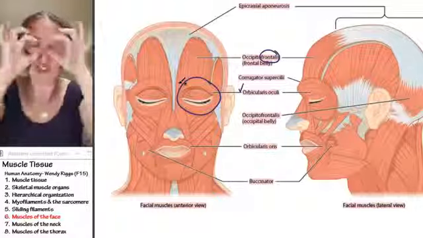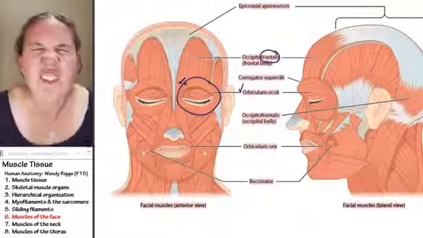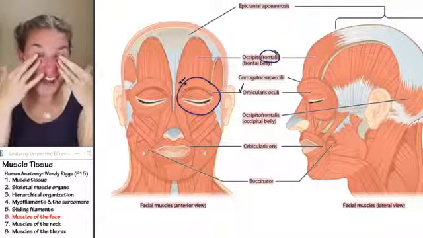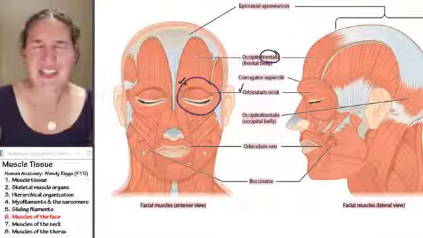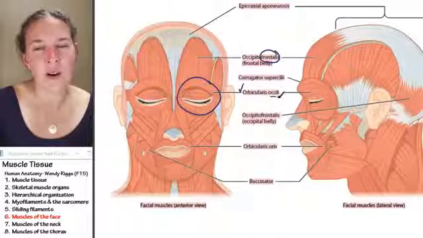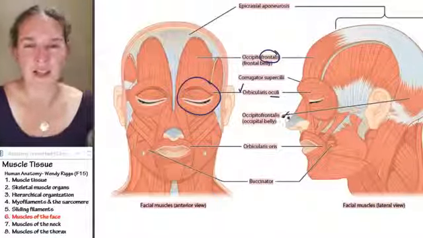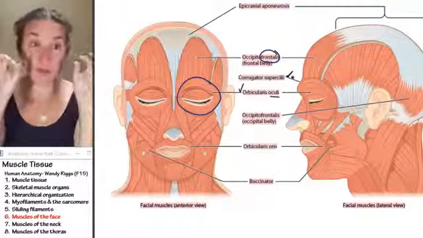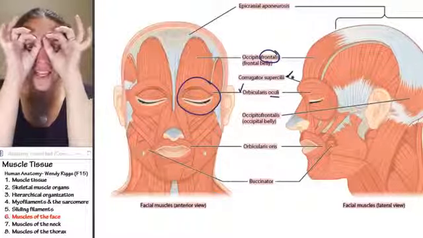What happens around here? Like that. They cause your eyes to blink. Squinting is orbicularis oculi. Did I say oris? Because I kind of think I did. Oculi, oculars, throwing things, they go around your eyes.